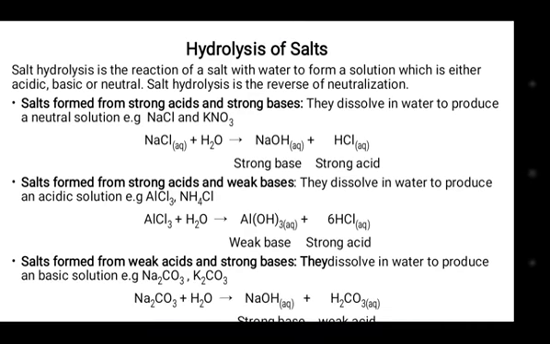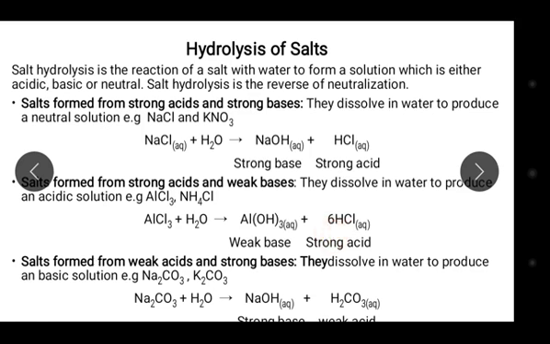Let's look at another case. Now, when the salt is formed from strong acid and weak base. Now, some salts are formed from strong acid and weak base. If you look at aluminium chloride here in example 2, aluminium chloride is a salt. Now, this salt is formed from aluminium hydroxide, which is a weak base, and HCl, which is a strong acid.